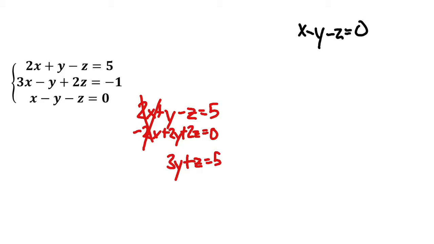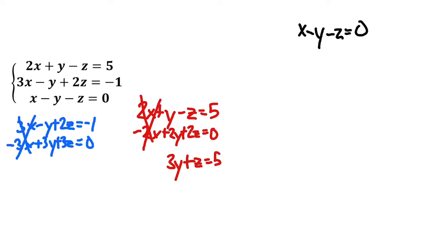Now, let's try this again, but now we're going to use the second equation with the third equation. So 3x minus y plus 2z equals negative 1. And then on the bottom, I'm multiplying by negative 3, so negative 3x plus 3y plus 3z equals 0. So these cancel out.